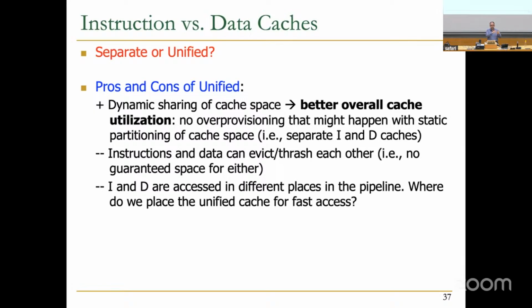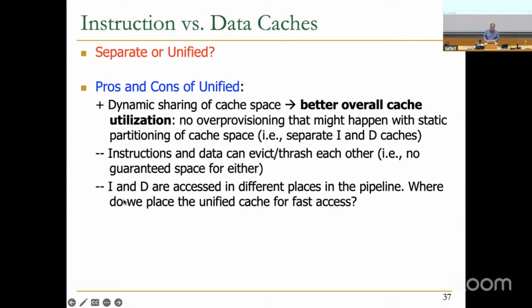Then later, in later steps of your pipeline, you want to access your data cache or data memory to read data or to store data. So you want to have a memory which is close to that part of the pipeline in order to have fast access. Similarly, if you have a unified memory space, then you cannot put it close to both the fetch logic and the memory access logic, essentially the data memory access logic.